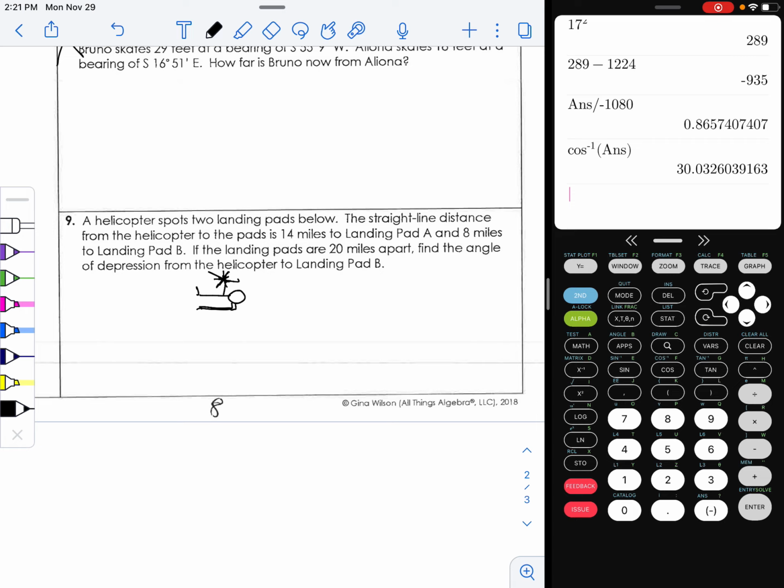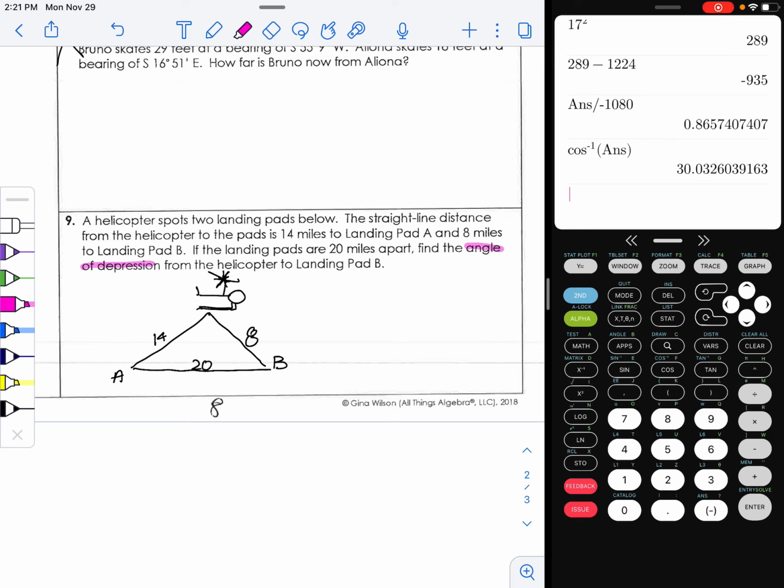The straight line distance from the helicopter to the pads is 14 miles to landing pad A and 8 miles to landing pad B. If the landing pads are 20 miles apart, find the angle of depression.